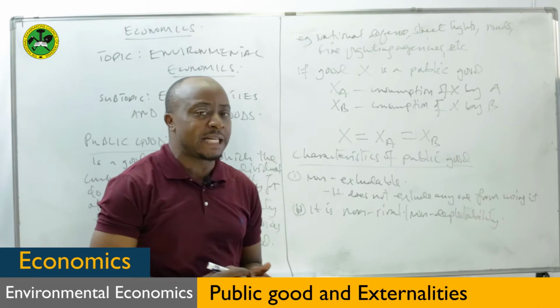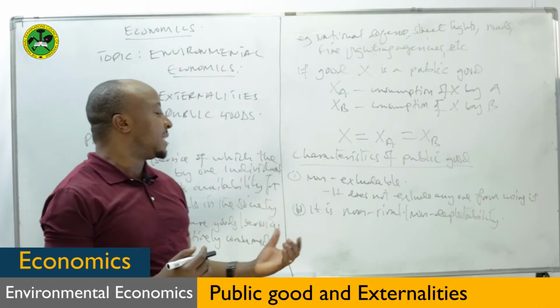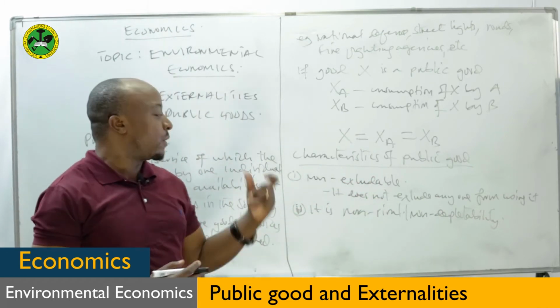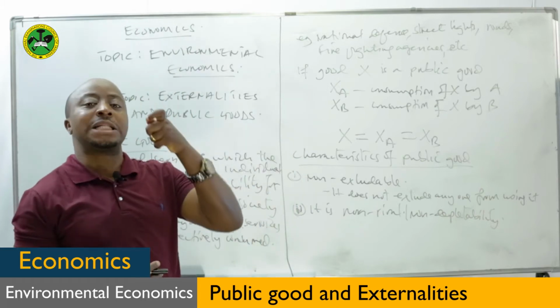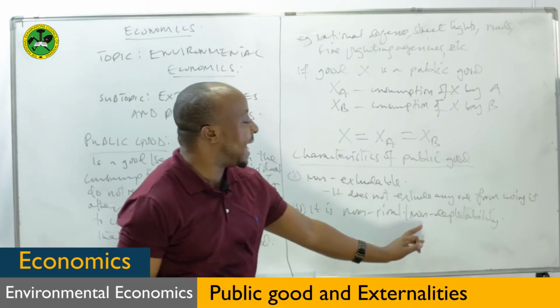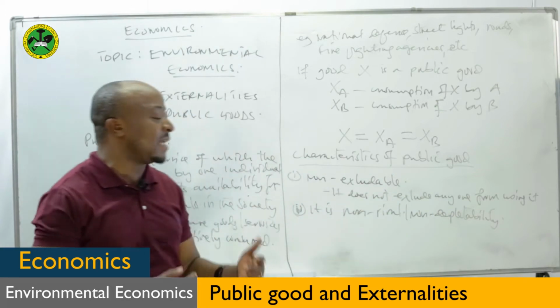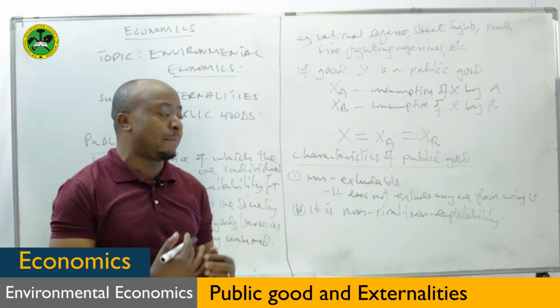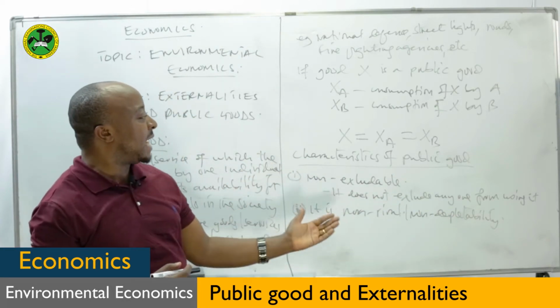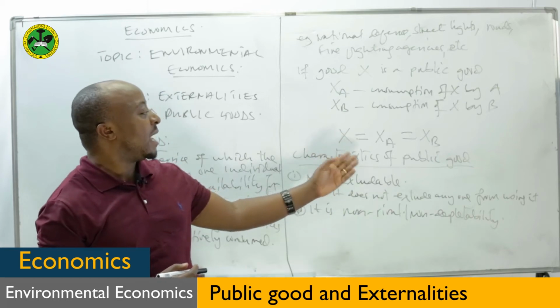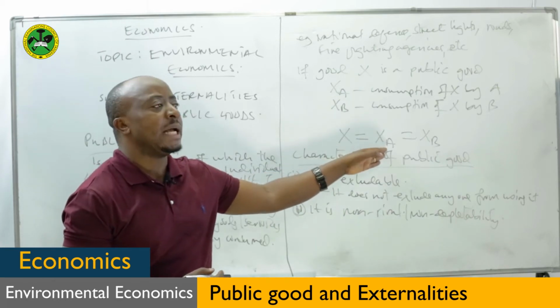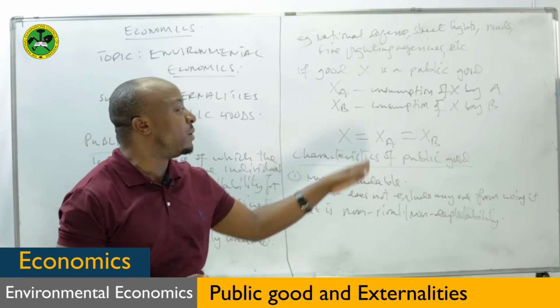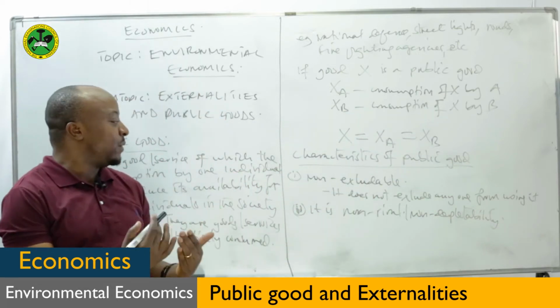What do we mean? We mean that when a public good is produced, the consumption of one individual does not reduce it. That's why we say it is non-depletability, because to deplete means to reduce the amount or to reduce the capacity. It means if, as we said, X is a public good, and individual A uses that public good, that individual does not reduce the amount to be used by individual B. That's what we mean when we say non-rival.